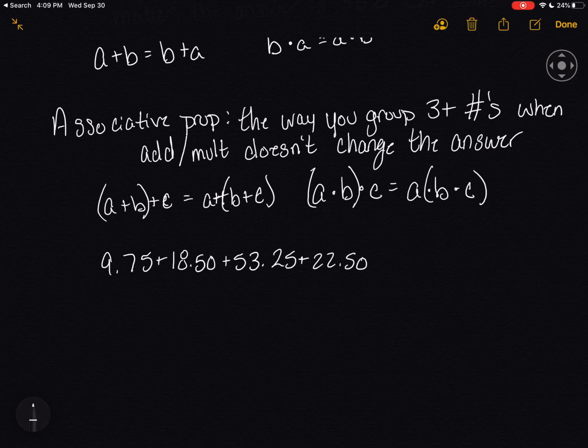If I did 975 plus 5350 plus 1850 plus 2250. The way I just did that is I just moved things around, which shows me using the commutative property.